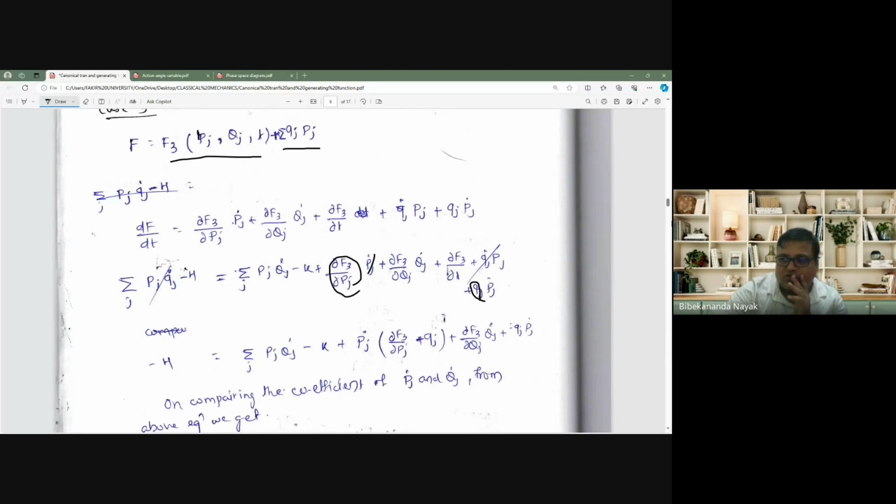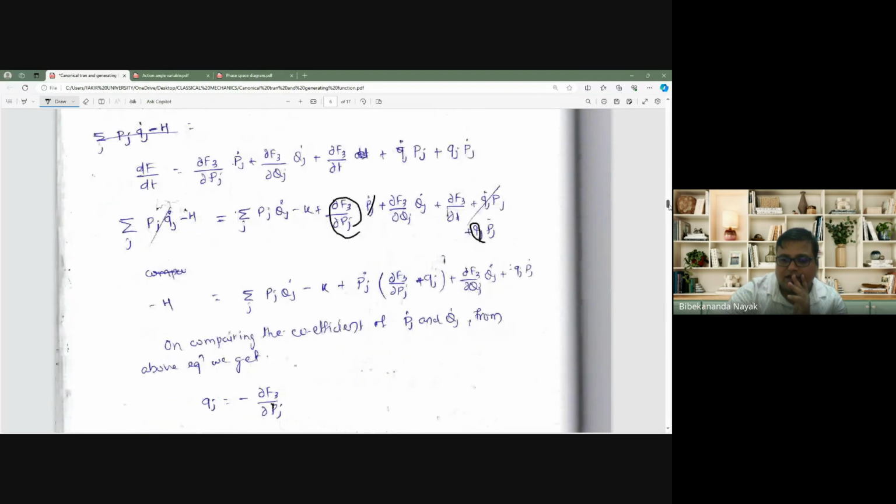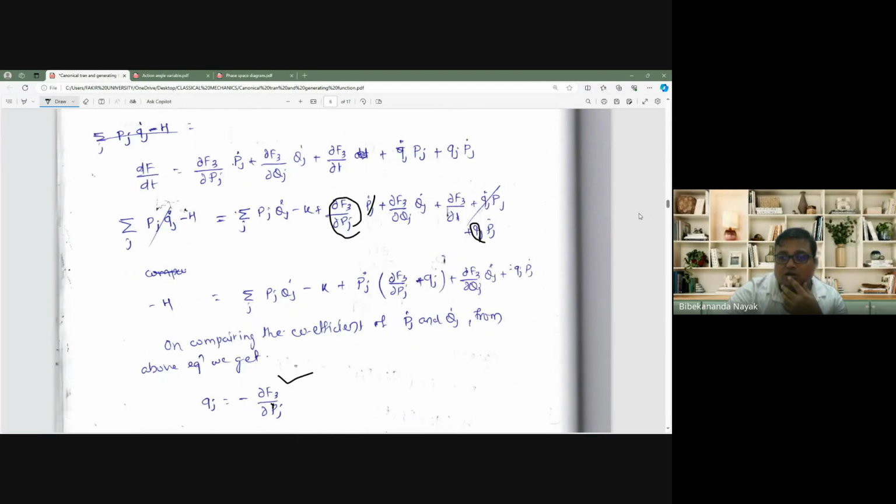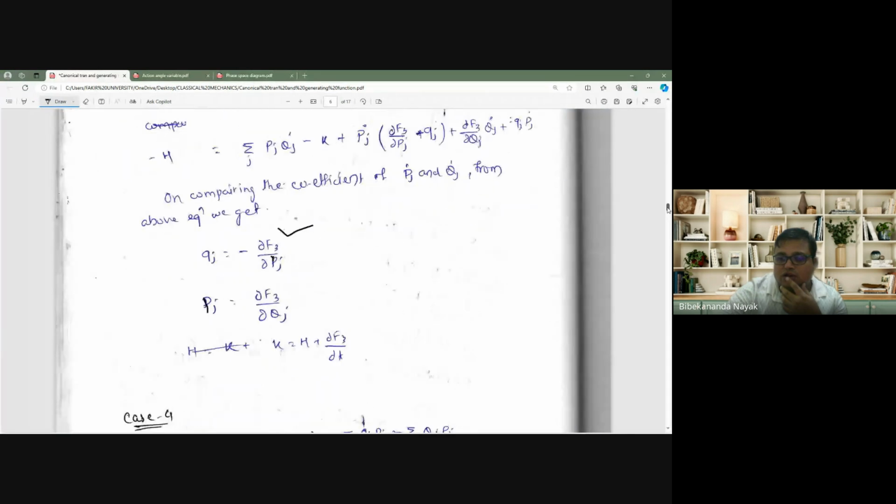So small qj will be minus del f3 by del pj. Similarly, comparing the coefficient of small qj dot and capital Qj dot, we get capital Pj is equal to del f3 by del qj, and K is equal to H plus del f3 by del t.